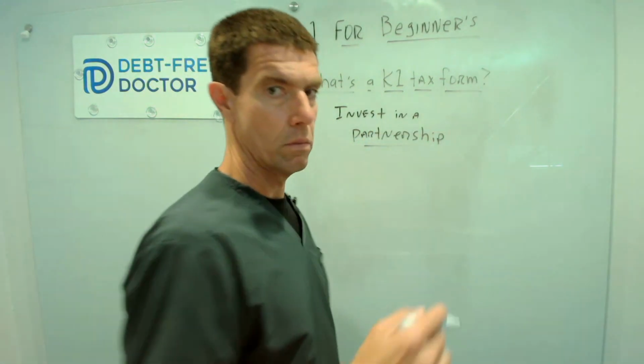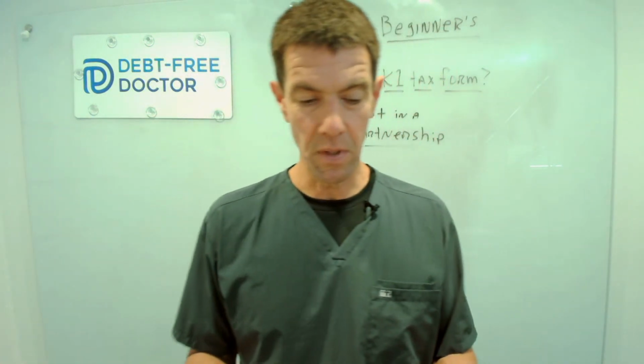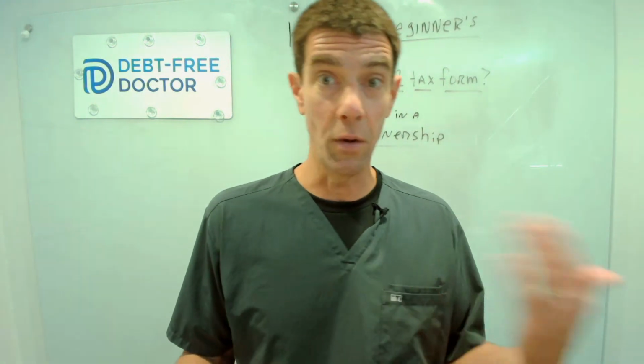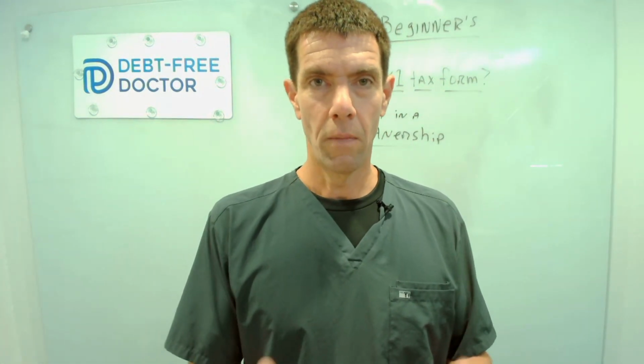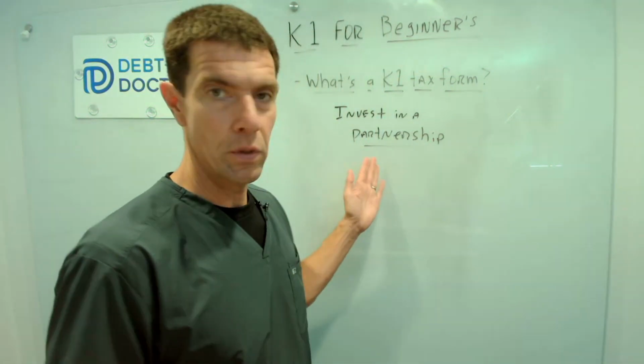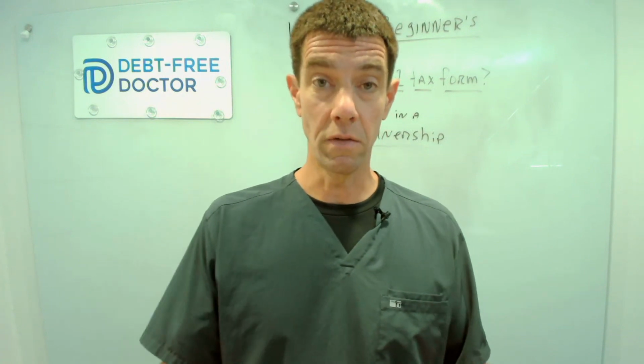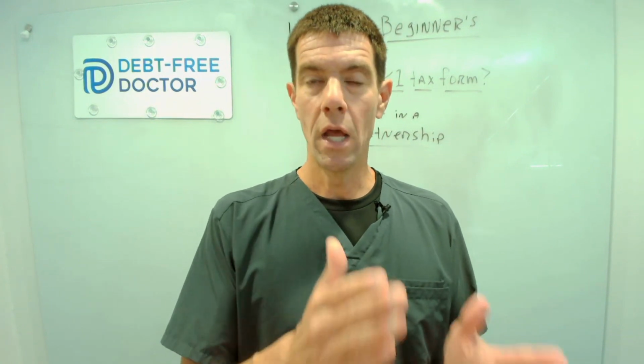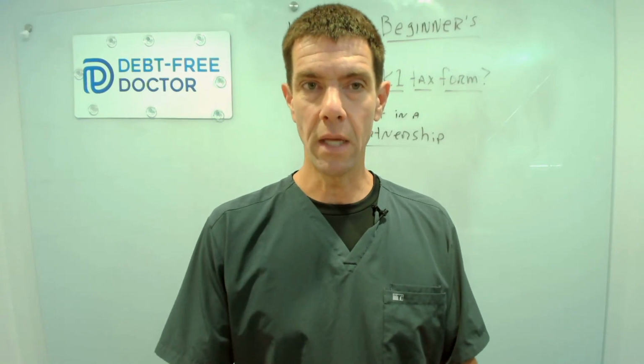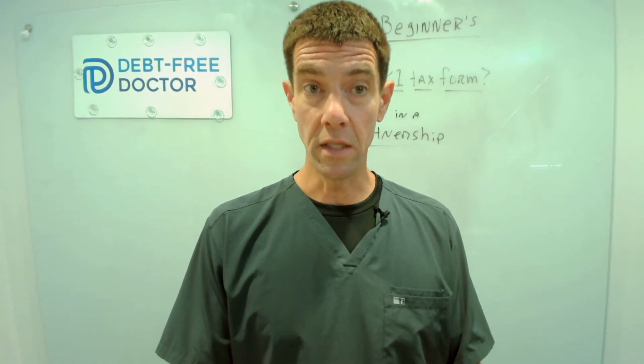It's funny how easy that is, but yet your CPA, or at least my original CPA, couldn't even explain that to me. So this is what you get. You get the K-1 when you invest in a partnership, and that also includes real estate syndications like ours. So instead of a W-2 or a 1099, you get this K-1 because you own a piece of the deal.